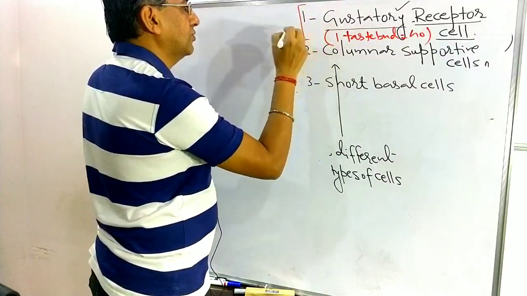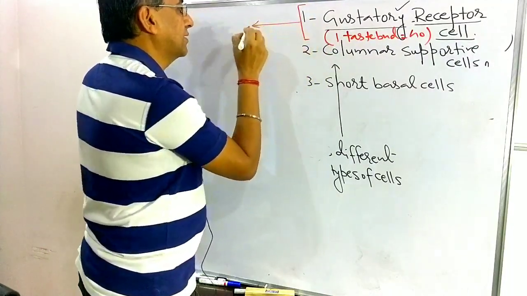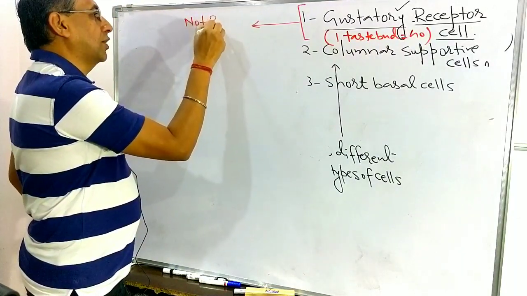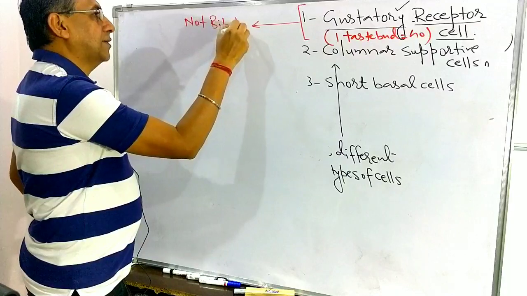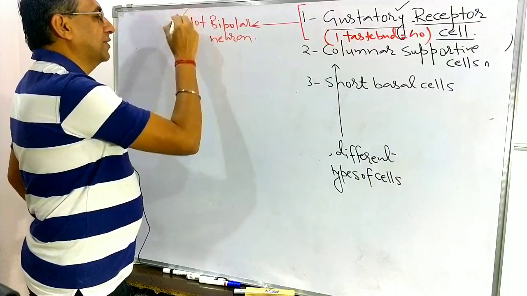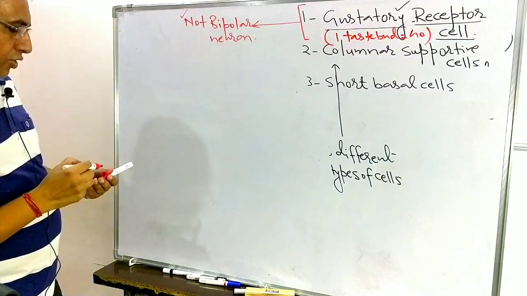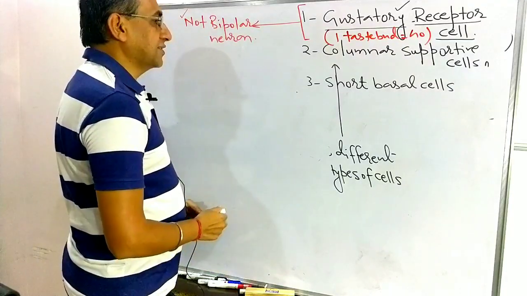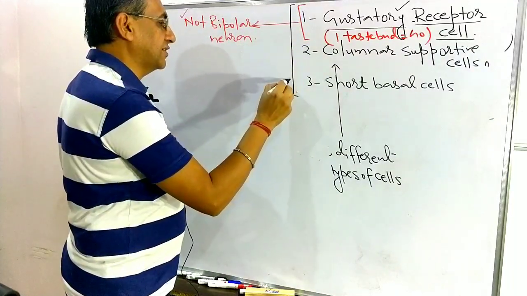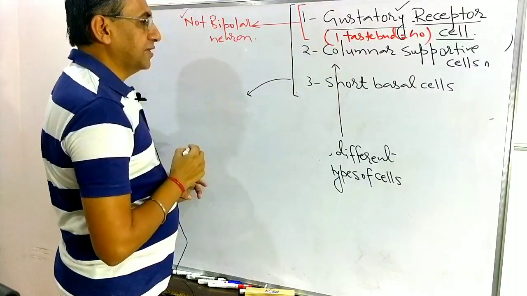But here you have to remember that they are not bipolar neurons. It means they are not having axon and dendron. So which structure is responsible to receive the sensation? Where will the action potential generate?